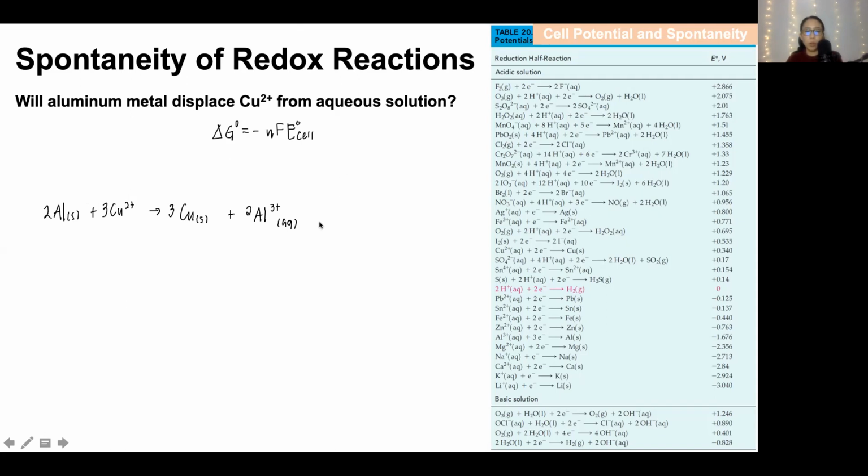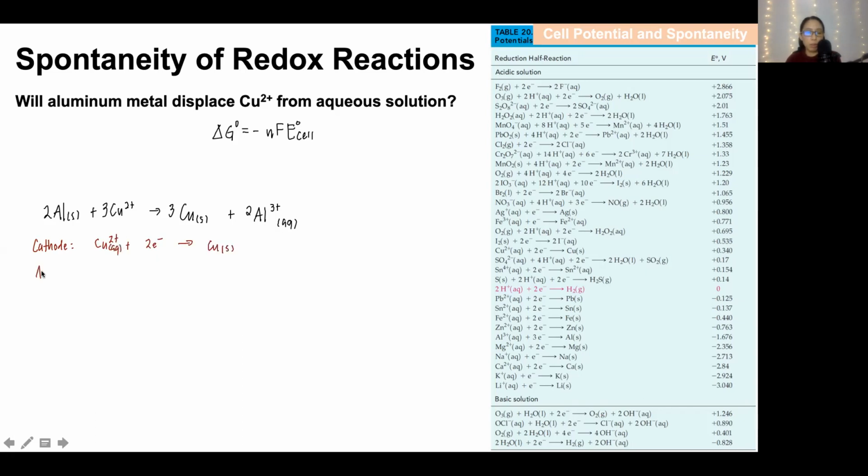Okay, so I went ahead by writing the balanced redox reaction, but just to practice, your cathode here is the one that is reduced, which means that is copper. So you have copper 2+ plus 2 electrons forming your solid copper.